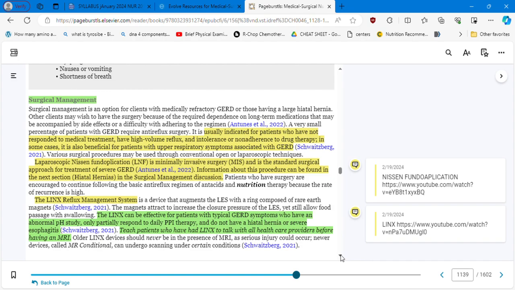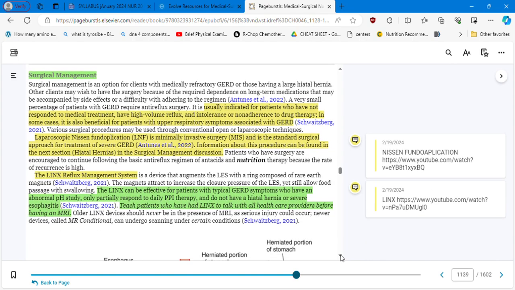Surgical management is usually indicated for patients who have not responded to medical treatment, meaning the patient got PPI, got other medications, and is not responding, have high volume reflux, and intolerance or non-adherence to drug therapy. So the doctor prescribed many medications and there is no response.